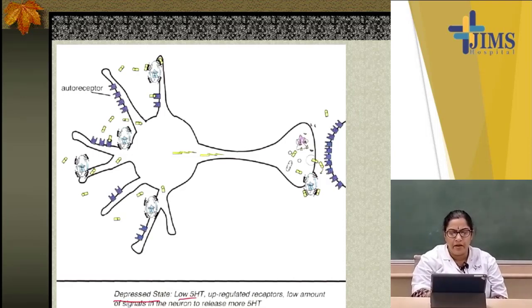There is a low 5-hydroxytryptamine, up-regulated receptors are there, low amount of signals in the neuron to release more 5-hydroxytryptamine. So less amount of signal is coming. These are the signals, less amount. These are the sensitivity or the up-regulated receptors. 5-hydroxytryptamine within the synaptic cleft is very low, and all these are leading to the depressed state of the mind.